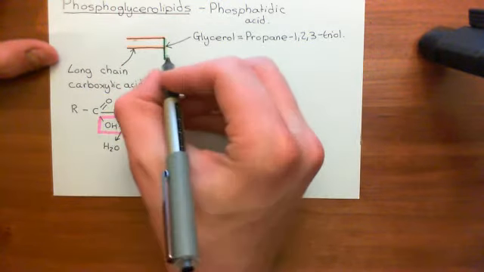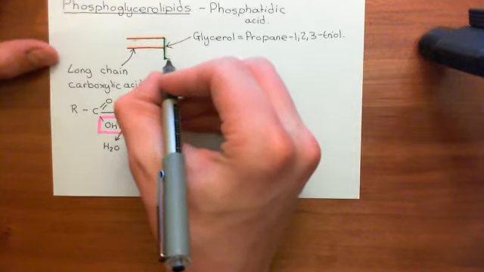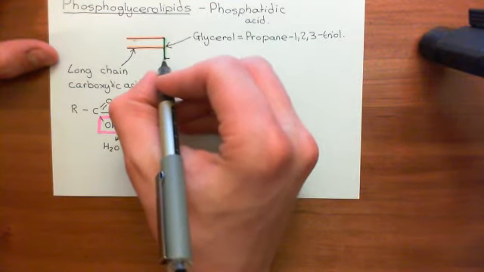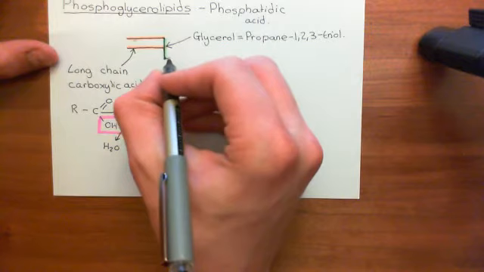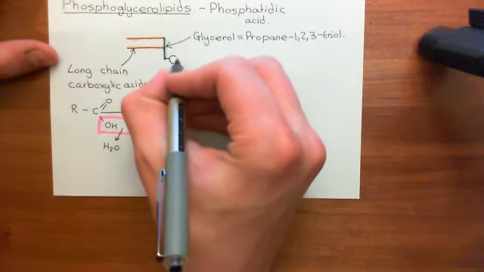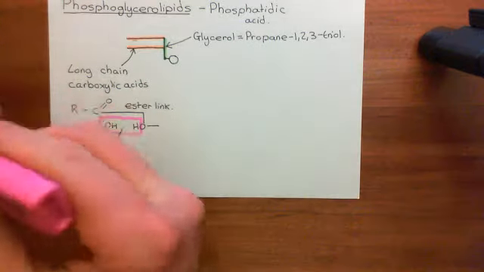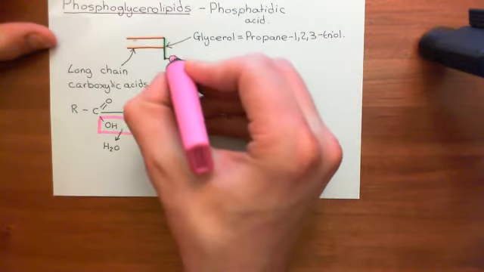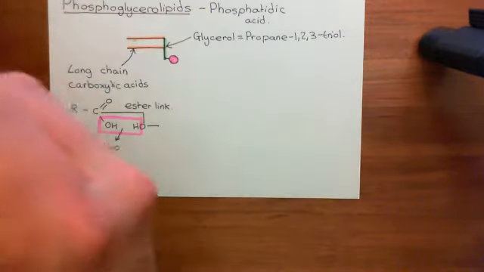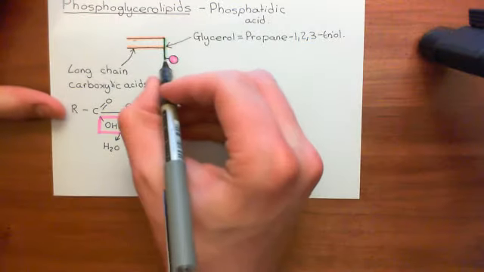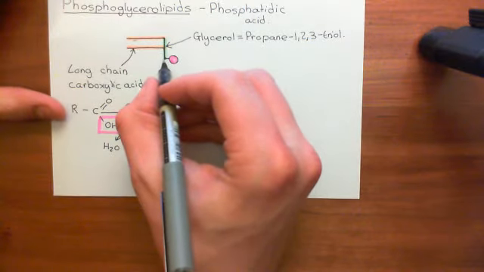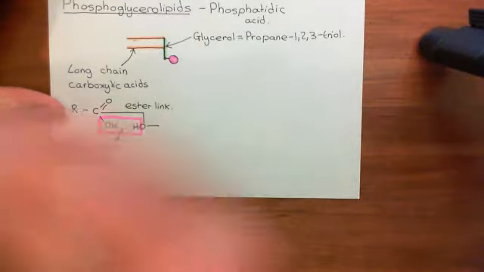What we now need to do to create phosphatidic acid is attach another structure onto the alcohol group that comes off the third carbon. And this is going to be a phosphate group. So we attach a phosphate group on there, and this structure is now called phosphatidic acid. So let me discuss how we're going to attach a phosphate group onto the alcohol group that comes off the third carbon of the glycerol molecule.